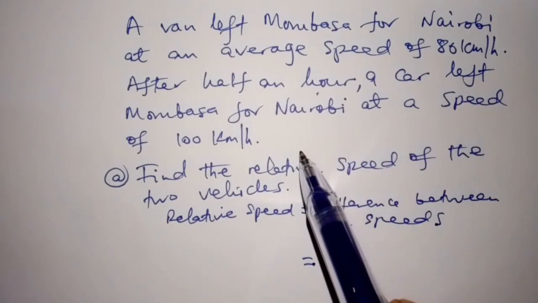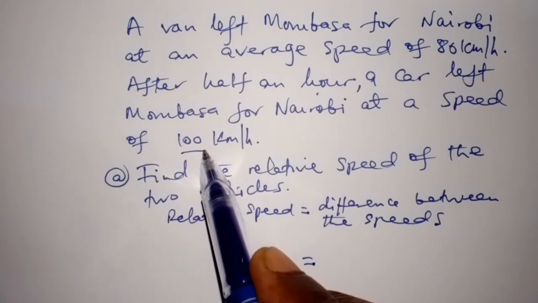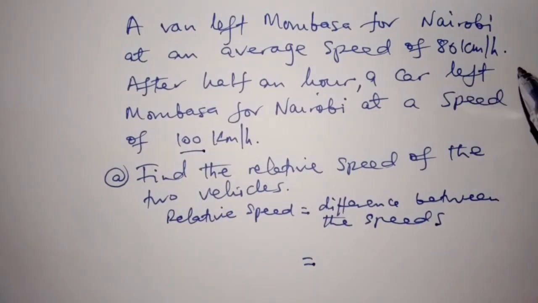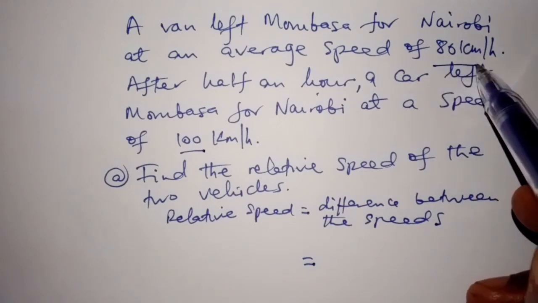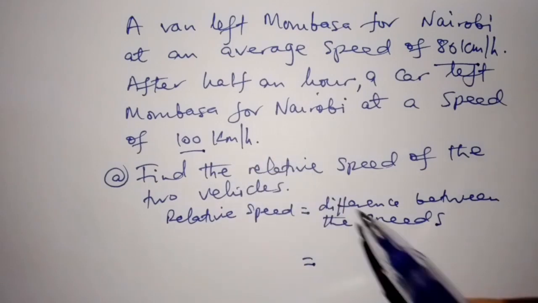The speed of the van is 80 km per hour. The speed of the car is 100 km per hour.